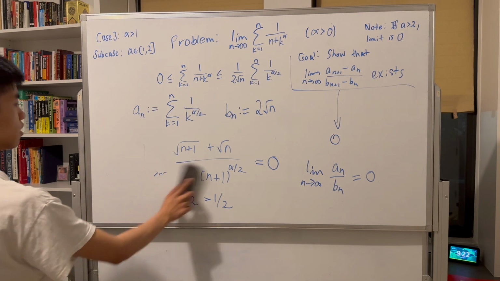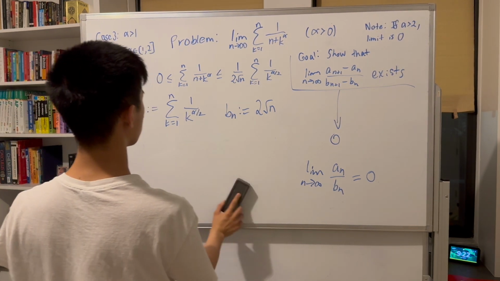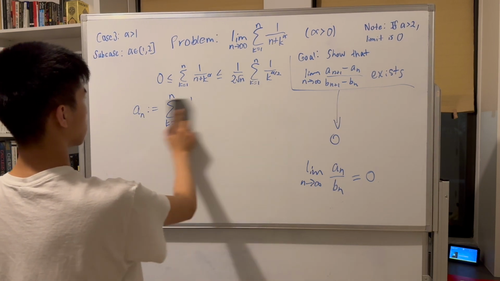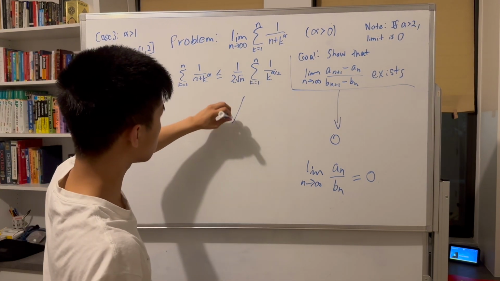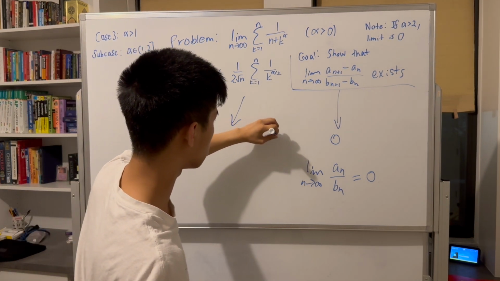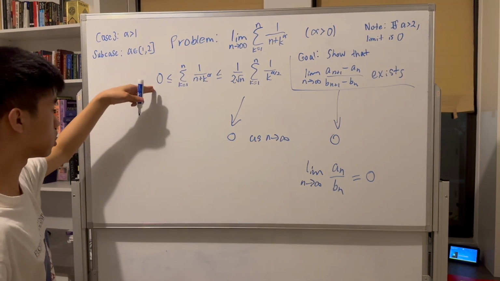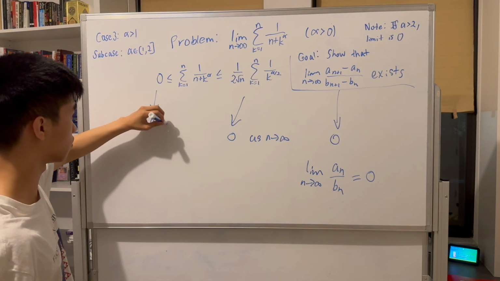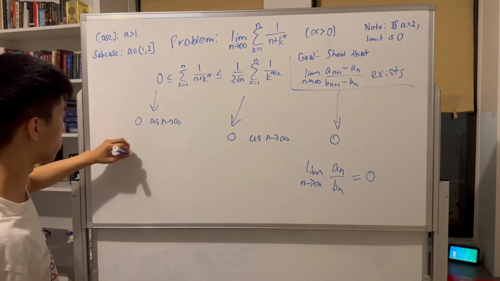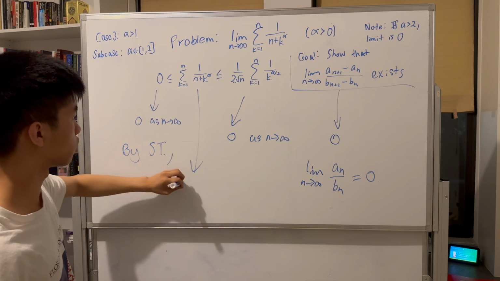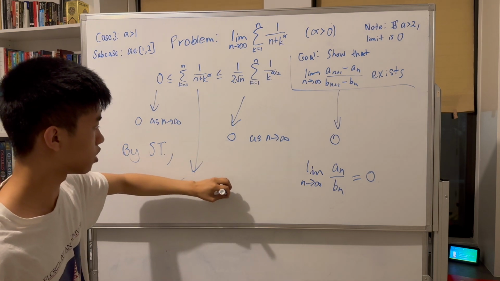Therefore, let me just erase all this. We get that this approaches 0 as n goes to infinity. And obviously 0, the constant, also goes to 0 as n goes to infinity. So by the squeeze theorem, which I'll just call ST, this must also go to 0 as n goes to infinity.